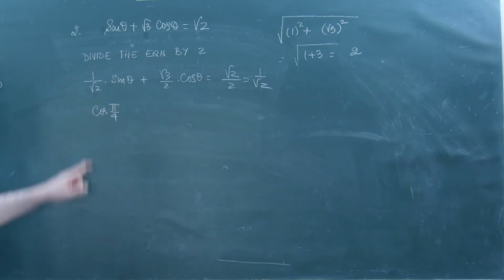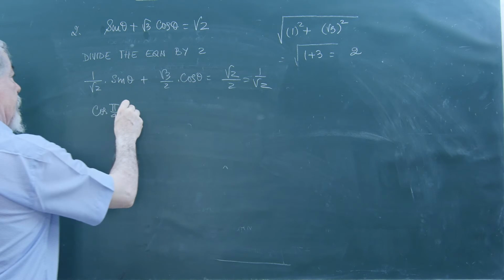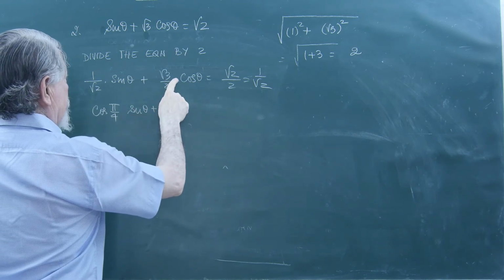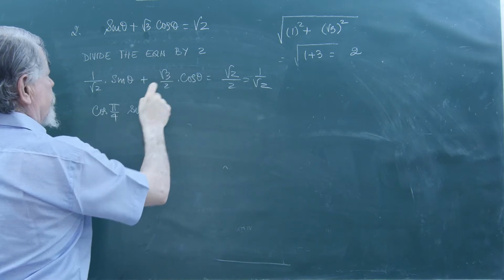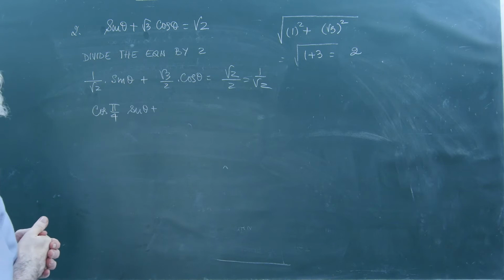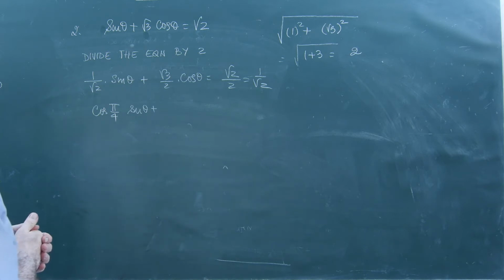Cos 45 is 1 upon root 2, sine theta, plus this is what? 1 upon root 2. Root 3 by 2 will become cos 60.